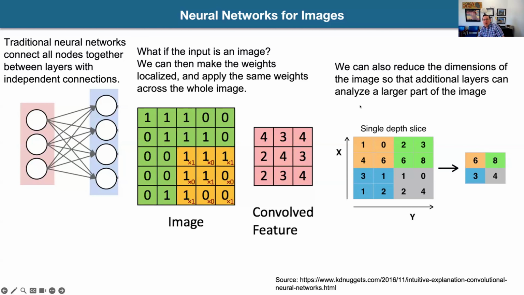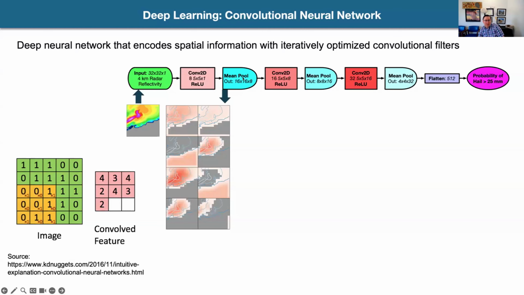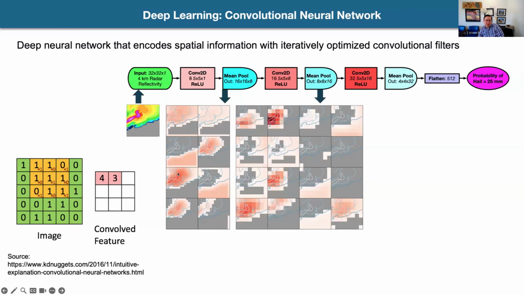And if you repeat this pattern a bunch of times, you can get what looks like a neural network. So in this case, we take a radar image of a storm, and then we apply our first round of convolutions and pooling. And what we learn is basically you have different filters that key in on different aspects of the storm, some on the storm itself, some on the area outside the storm.